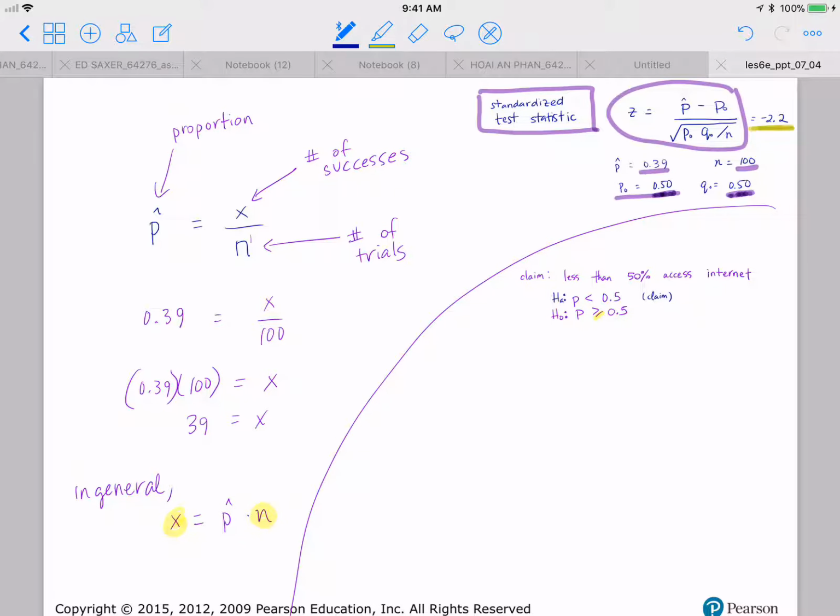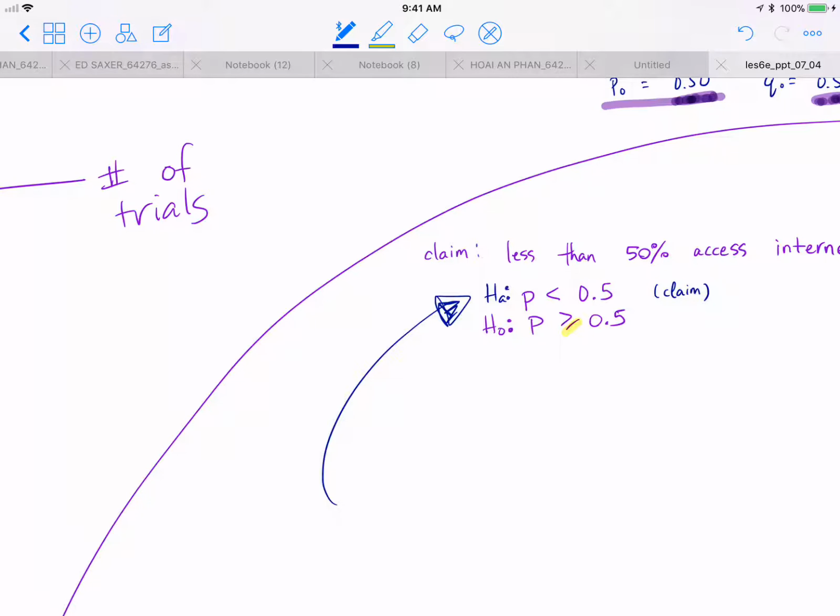Is it left-tailed, right-tailed, or two-tailed? To determine the type of test, you look at HA. Since HA, our alternative hypothesis, has a less than sign, we're going to be doing a left-tailed test. So on the calculator, you'll need to indicate that you want to do a left-tailed test.